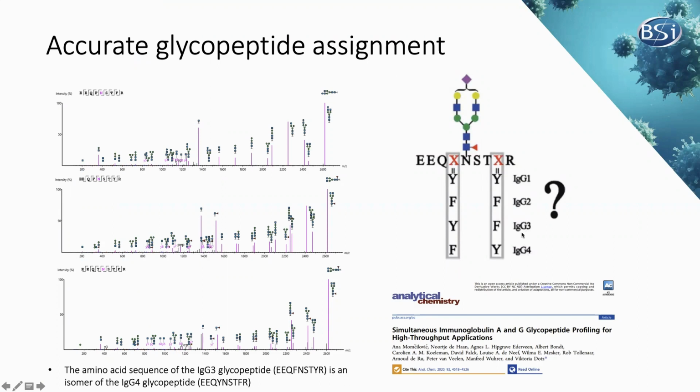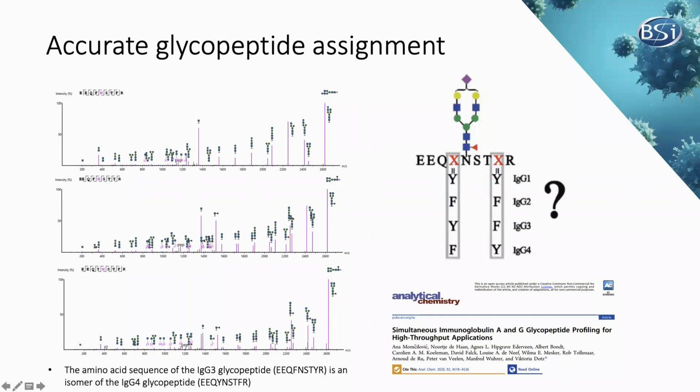Within the heavy chain constant region, there's this conserved glycosylation site. Often from tryptic digestion, you get isomeric peptides being produced, where at these positions indicated here, you can have either tyrosine or phenylalanine or a combination of both.